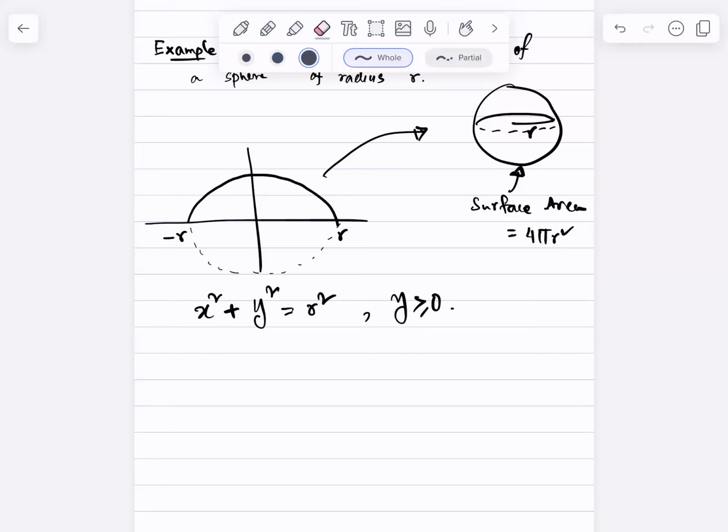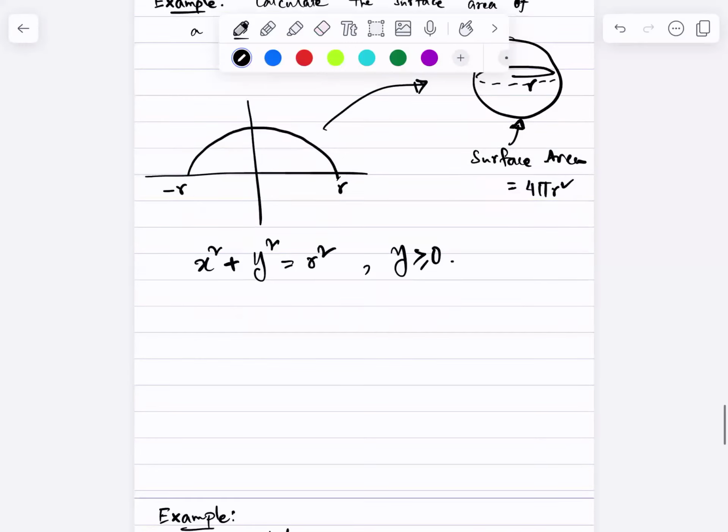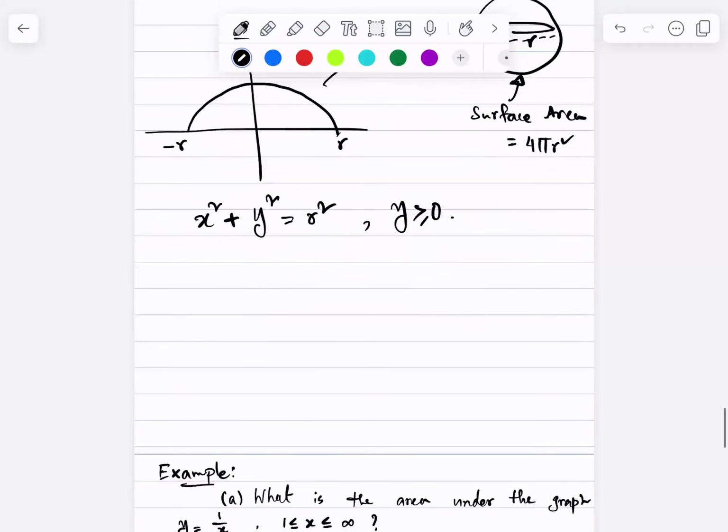This is basically a standard trick to consider the half circle, or some portion of a standard graph. And now y will be the square root of r squared minus x squared, right?